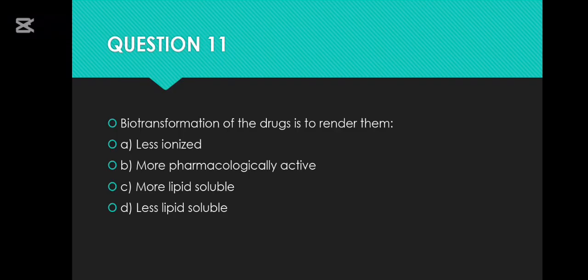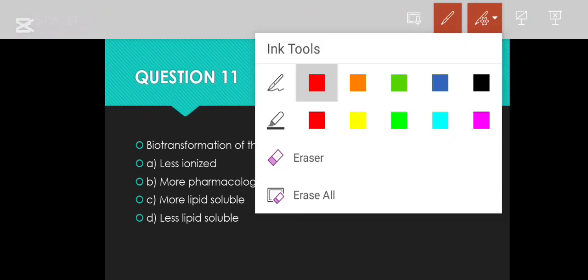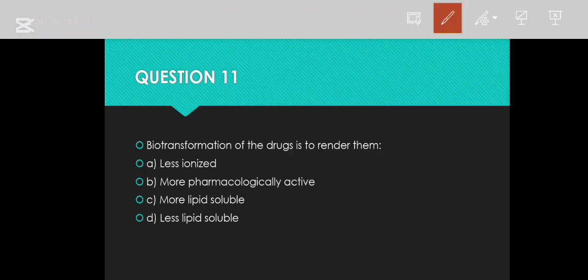So you see, the answer is less lipid soluble. Why is this the best answer here? Of course, B can be an answer to some extent, but the problem is that it is saying more pharmacologically active. This is wrong.